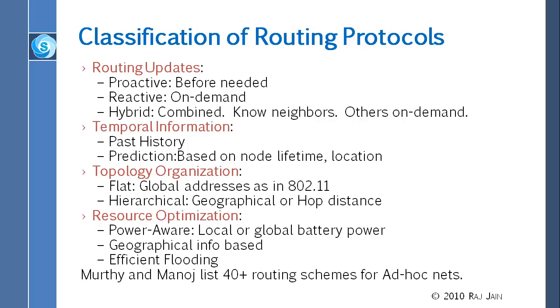And flooding is actually just an excessive broadcast. Now, if you wanted to see routing algorithms, there are 40 and more routing algorithms mentioned in this chapter of the book that we followed last time. We are going to talk about just 3.